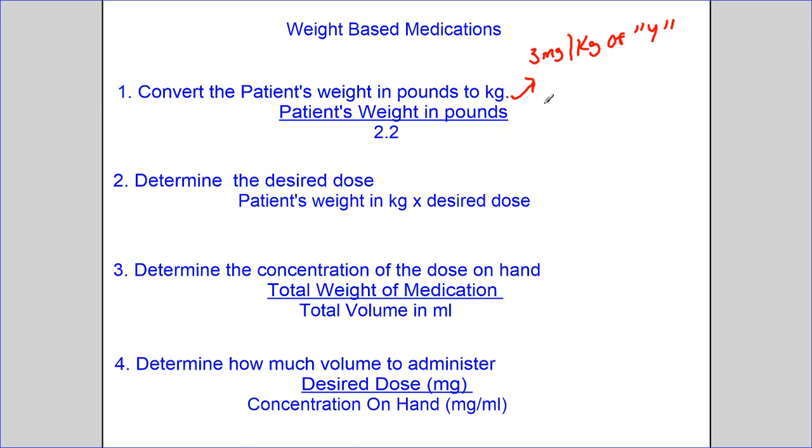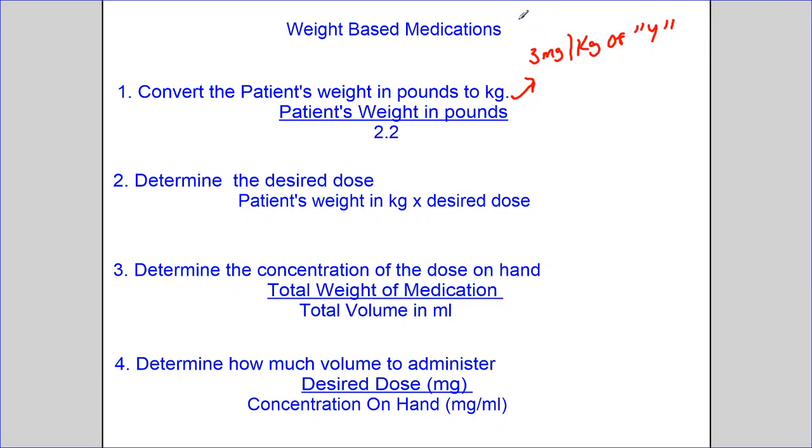And so let's say you have an 80 kilogram patient. And you divide that by 2.2, that's going to give you 36.3 kilograms. So let me just, I said 3 milligrams per kilogram, and what I said, 80 kilogram body or patient weight.